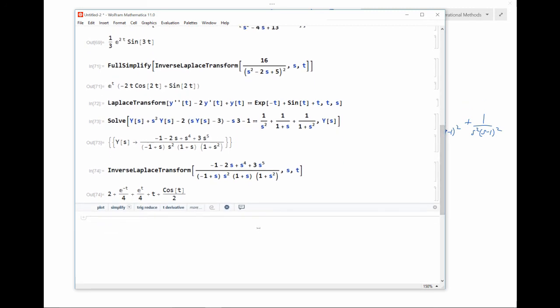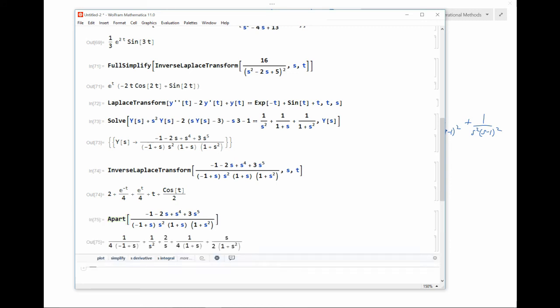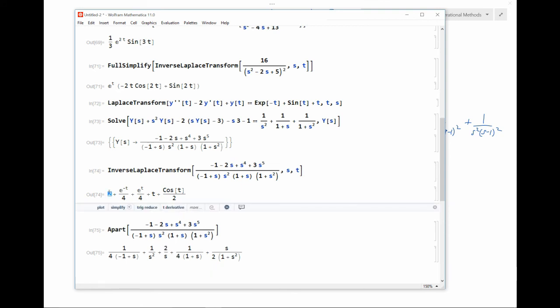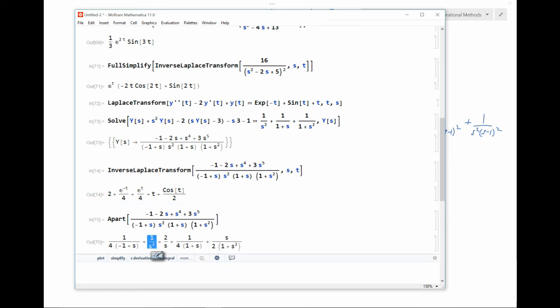But before we check if this is the right answer, I want to look at the partial fraction decomposition of this big fraction, and let's see if the terms here can be easily identified. 2 over s is 2 times the Heaviside function, and it corresponds to the term 2 that we have in the solution. 1 over s squared should correspond to the term t, and we have it here.